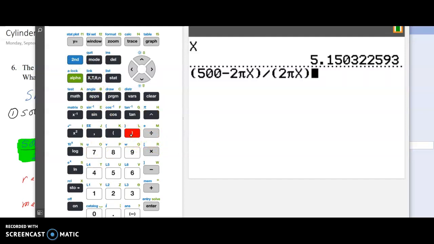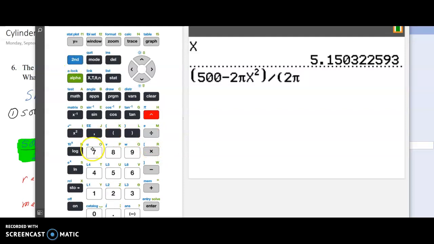I'm just going to make sure I don't have a typo. It looks like I do. It should have been x squared here, so I need to insert that square. Oops. Let me try that again. 500 minus 2 pi x squared, close that parenthesis, divide by parenthesis, 2 pi r.